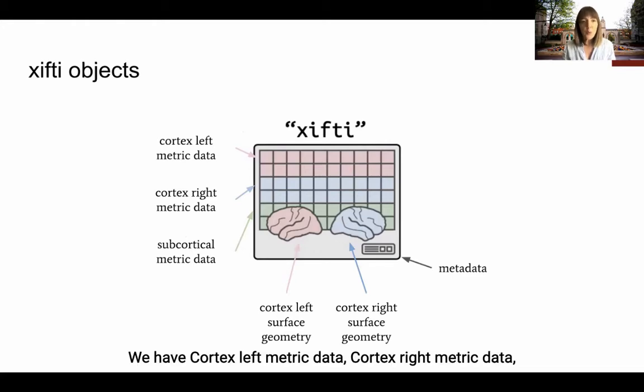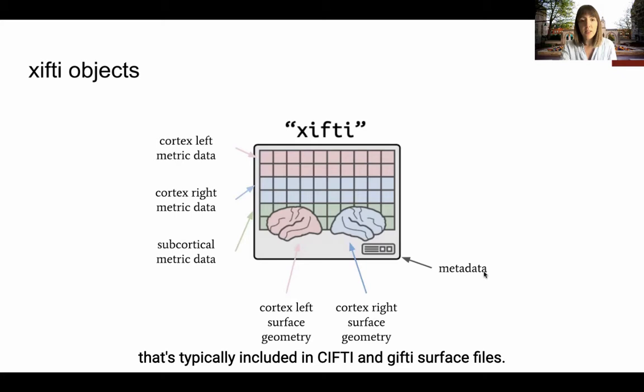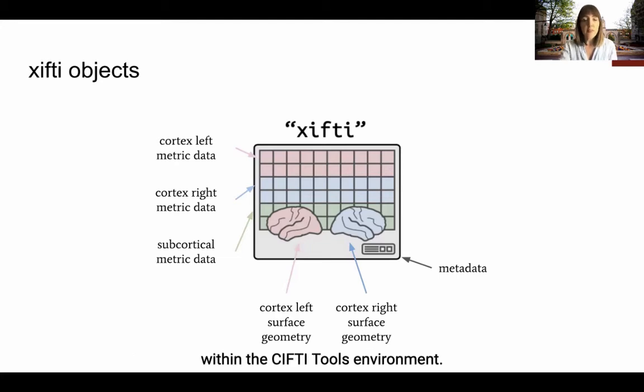So we have cortex left metric data, cortex right metric data, and subcortical metric data, all of which is combined typically into the CIFTI format, as well as cortex left surface geometry and cortex right surface geometry, along with some metadata that's typically included in CIFTI and GIFTI surface files. All of this together is known as the CIFTI object class within the CIFTI-Tools environment.